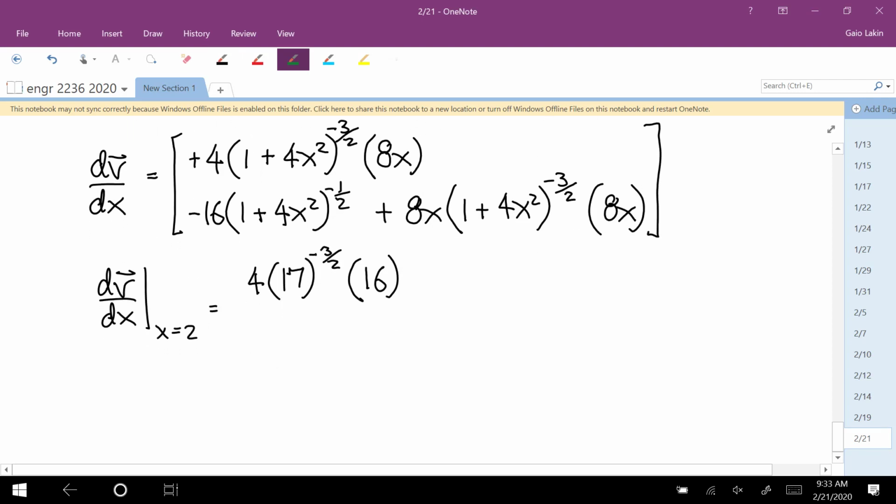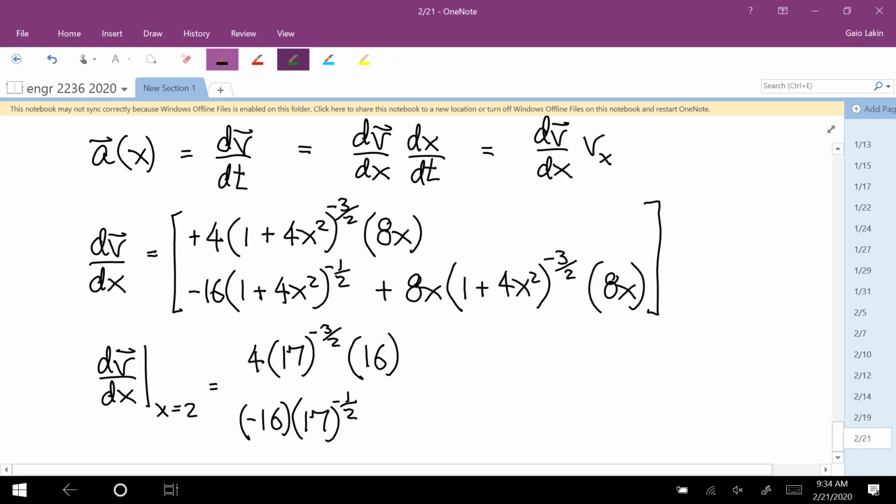That's the x component. For the y component, we have negative 16 times 17 to the negative 1 half. Why did you multiply by 8x?